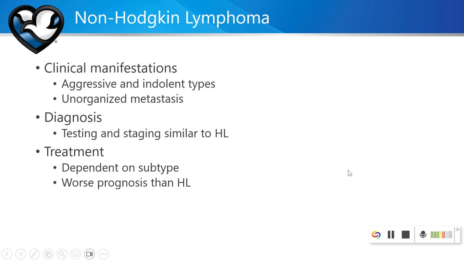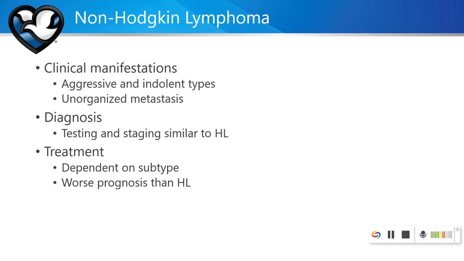Indolent types include follicular lymphoma and chronic lymphocytic leukemia, and they may present with slowly developing lymphadenopathy, hepatomegaly, or splenomegaly. GI tract lymphoma may also have symptoms of anorexia, nausea, vomiting, and weight loss. Central nervous system lymphoma may present with headache, seizures, and lethargy, and other symptoms patients experience may vary greatly.